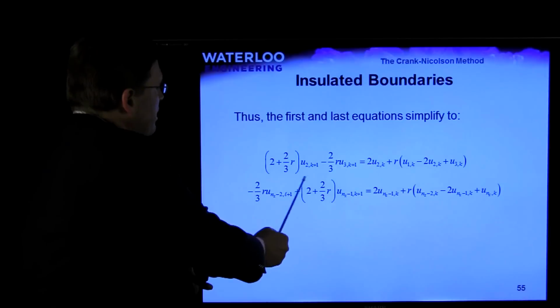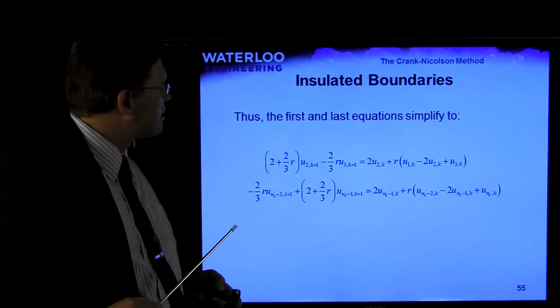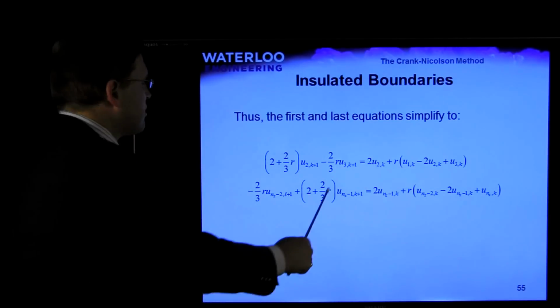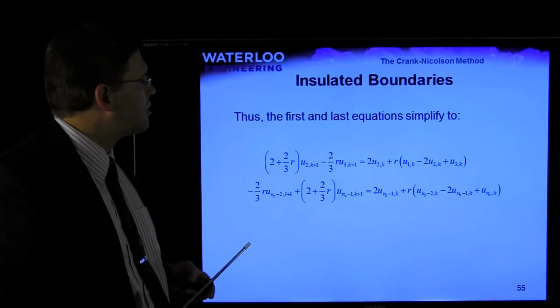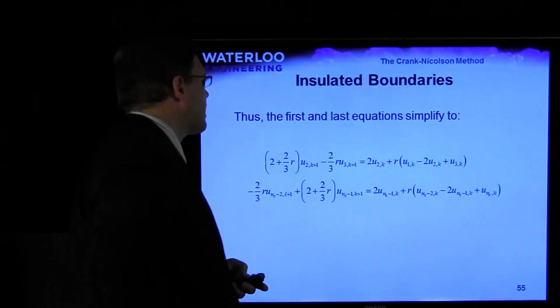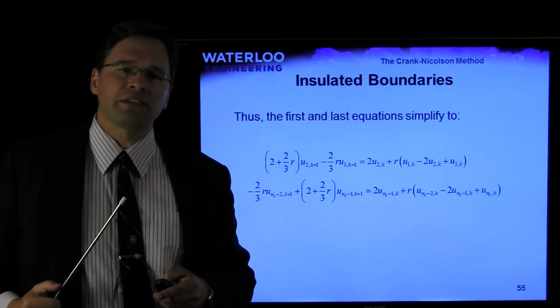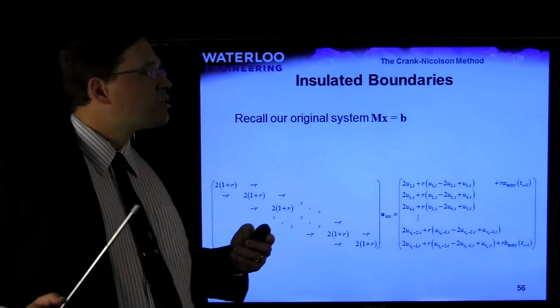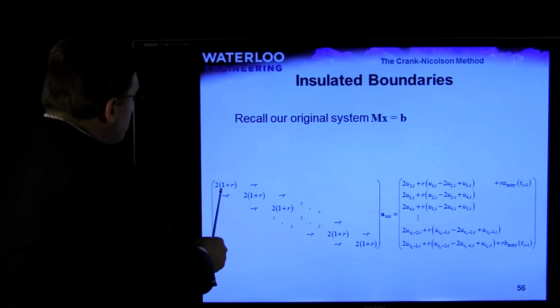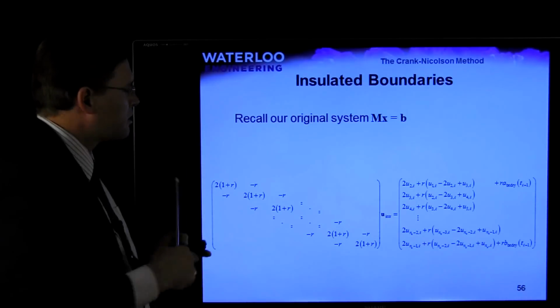Now the first term here is slightly different from the normal value. The second term here is also slightly different, but now we are not changing the right-hand side. There were no extra terms added here, at least if both sides are insulated. So recall previously here was our matrix M, and it was quite regular.